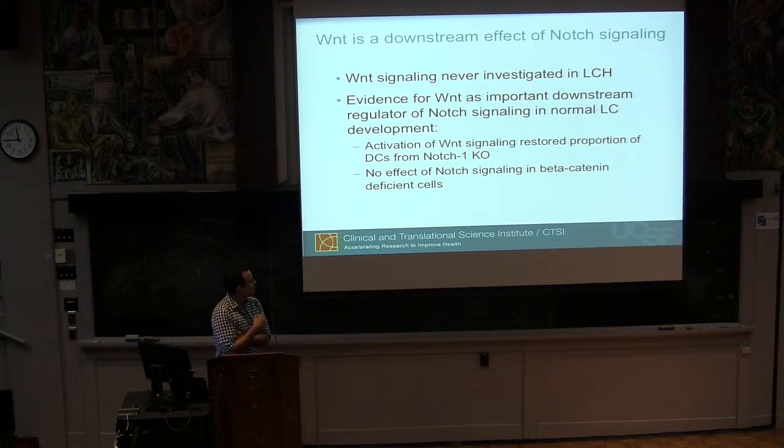There have been a few studies looking at epidermal Langerhans cells, where if you do knockouts, they don't develop well unless you have some activation of WNT signaling. Their big takeaway from that was that this is a pathway occurring downstream of the Notch pathway.